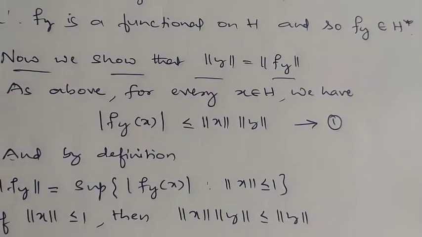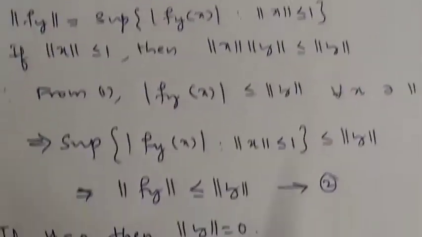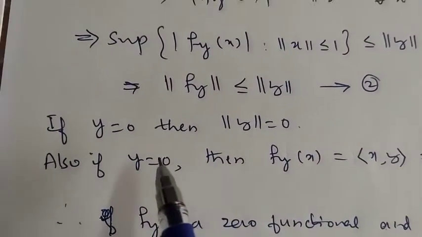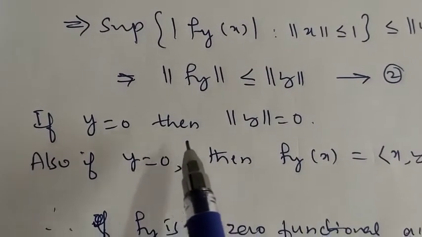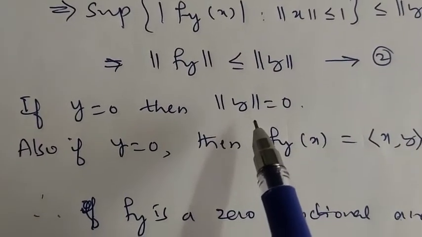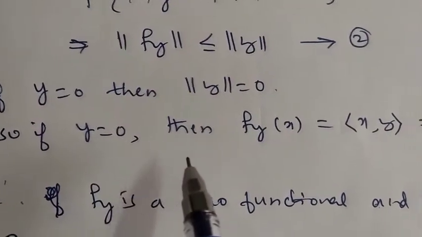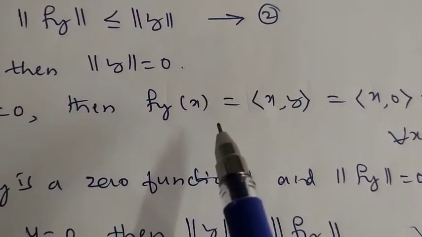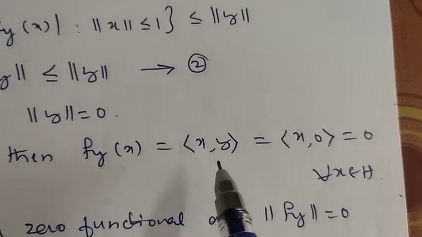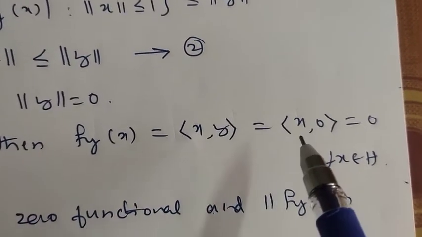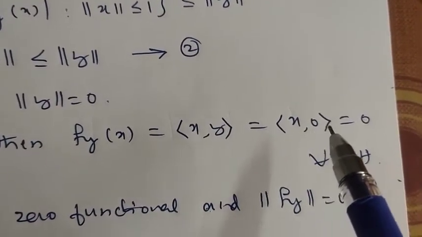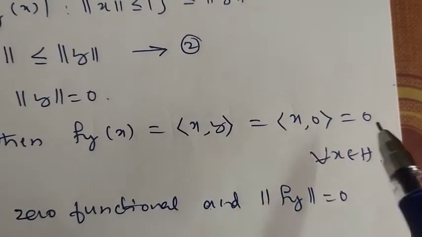So we need to prove the converse. Now suppose y is the 0 vector, then what will happen? Norm of y is also 0. And also if y is 0, then Fy of x is equal to the inner product of x comma y, which is the inner product of x comma 0, which is 0.